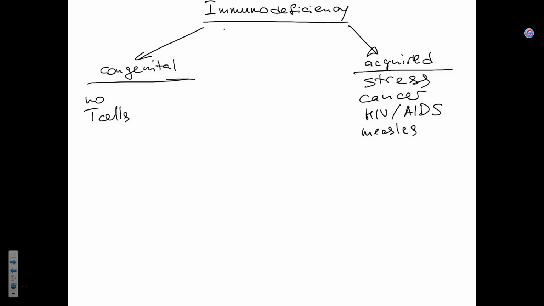Or B cells. Yeah, there are two mechanisms. No T cells, no B cells. So if you have no B cells, what does that mean? What do you not produce? Antibodies. It's called agammaglobulinemia, which means no gamma globulins in the blood.